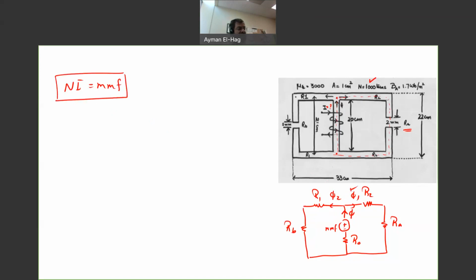Phi 1 I can find because I know the flux density in the air gap A. BA is equal to 1.7 Weber per meter square, or 1.7 Tesla. So phi 1 is BA times the cross-sectional area A, which is the same everywhere.